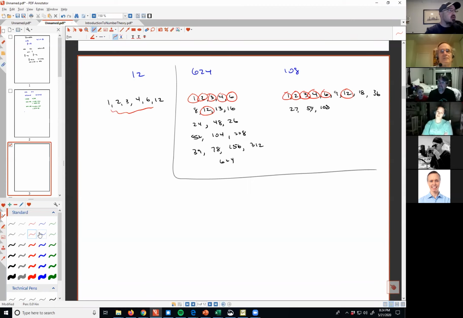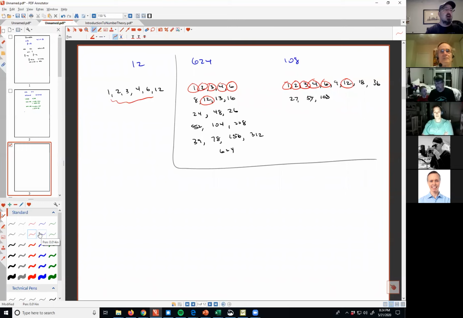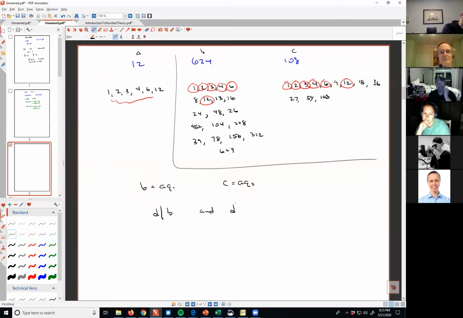Okay, first let's see if we can prove that all of the common divisors of 624 and 108 are divisors of 12, and maybe we could do that in a way that generalizes. So here we've got, I'll say this is A, and this is B, and this is C, and we can write B as A times Q1 and C as A times Q2. And if we say that D divides B and D divides C, D for divisor, then what is it that we know?